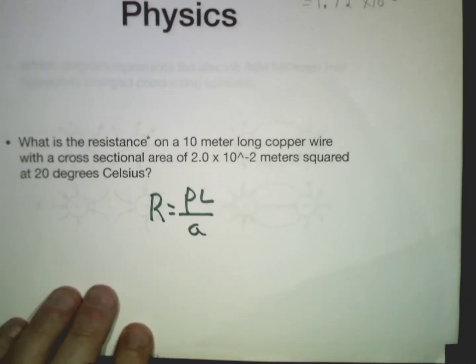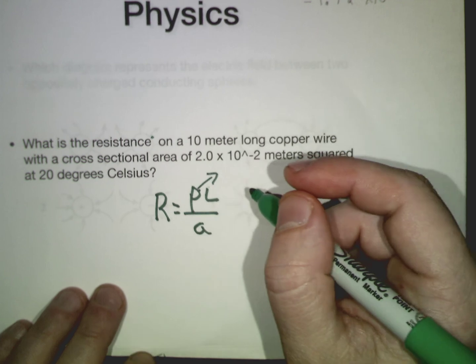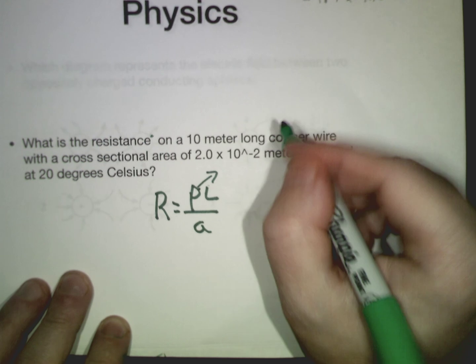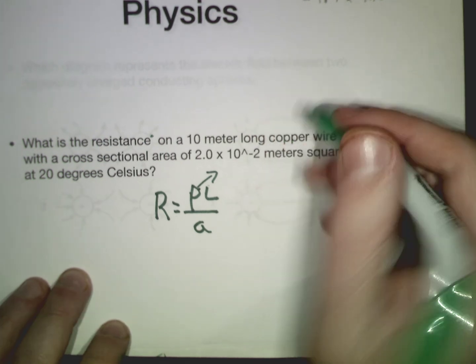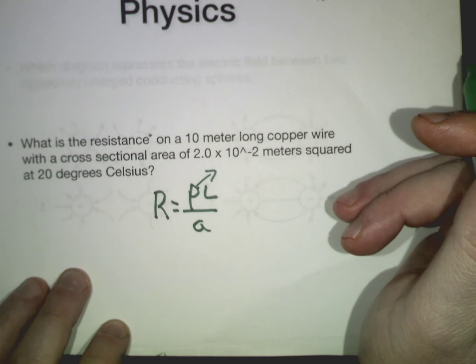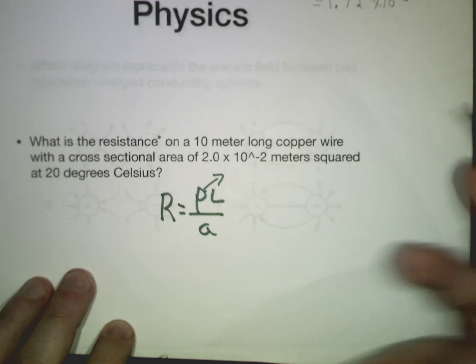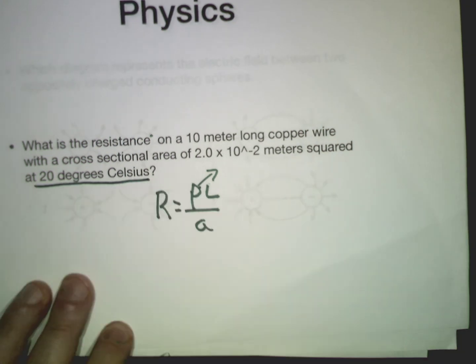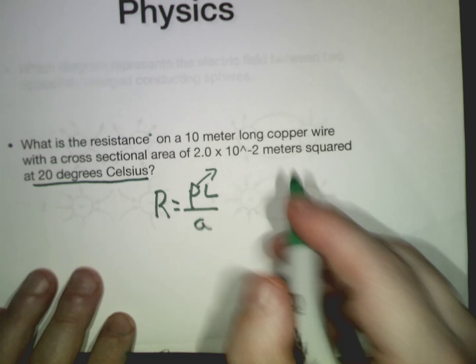Resistance of a wire depends on resistivity, which is just a number determined in a lab for a particular metal. On page 4 of the reference table, it lists the resistivity of these materials at 20 degrees Celsius. Whenever you see that on a question, go there and get that number.